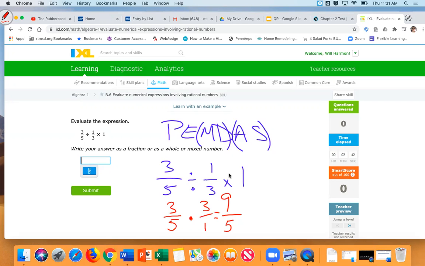Back to Julie. The first step was to do the division part, which was 3/5 divided by 1/3. That became 3/5 times 3/1 because we had to flip that. And that's 9/5.